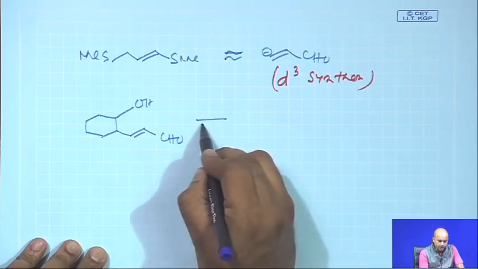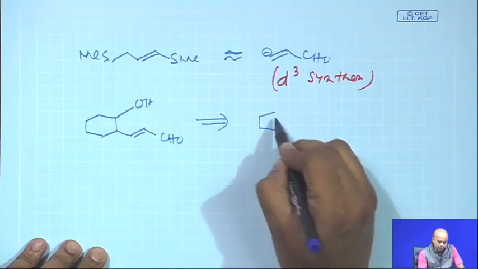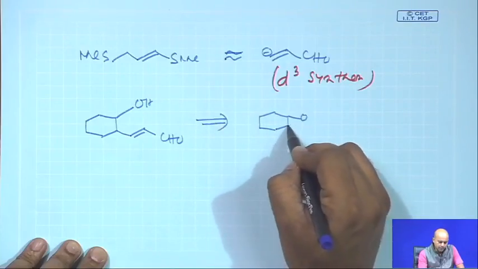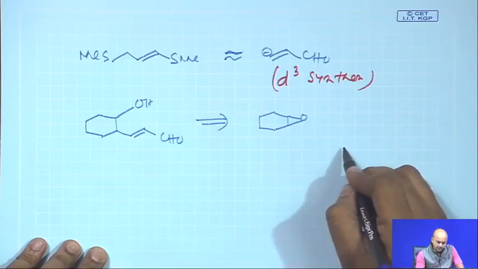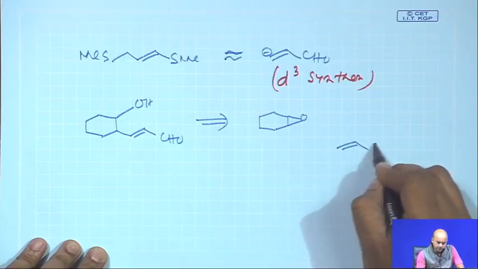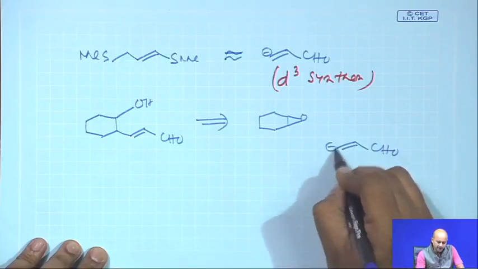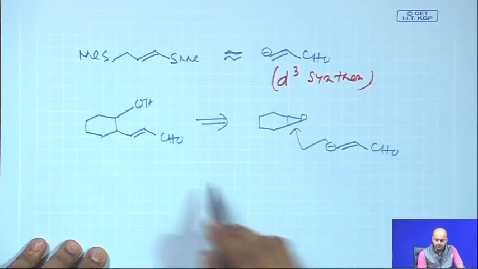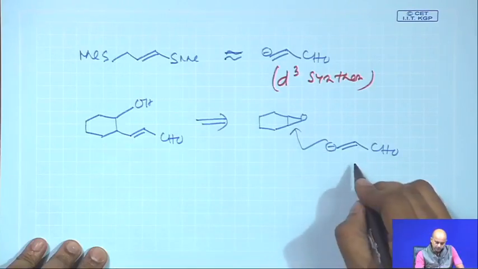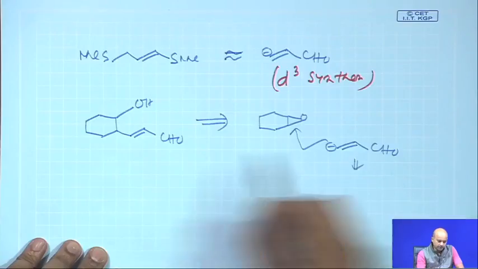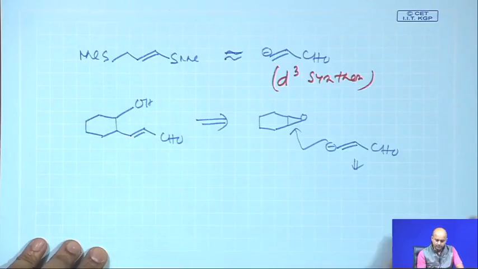If you visualize the target molecule and do the simple retrosynthesis, if you have an epoxide as an electrophile, you react with this vinylic anion, it can open up and will give you this compound. Now, this you can easily prepare as mentioned earlier. So, this is very simple, you can do it in a very straightforward way.